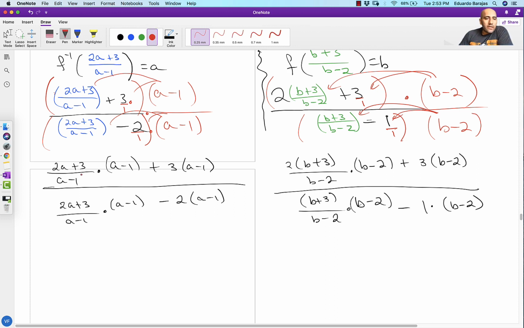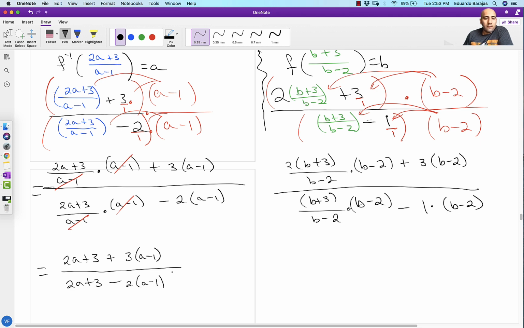Luckily, that means that these guys cancel. So over here, I'll end up with 2a plus 3, that's the result of this, plus 3 copies of a minus 1, divided by 2a plus 3 minus 2 copies of a minus 1. So that's the result on that side.